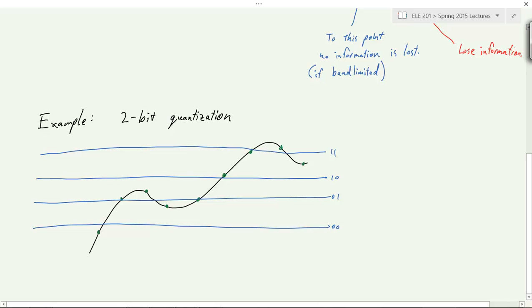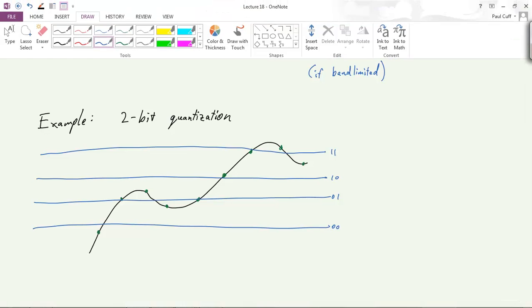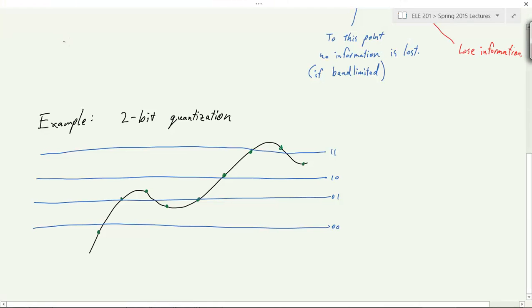All right, and then round each sample to the nearest point. All right, so let's draw that. This one's going to be rounded to there. That's going to stay about where it is.